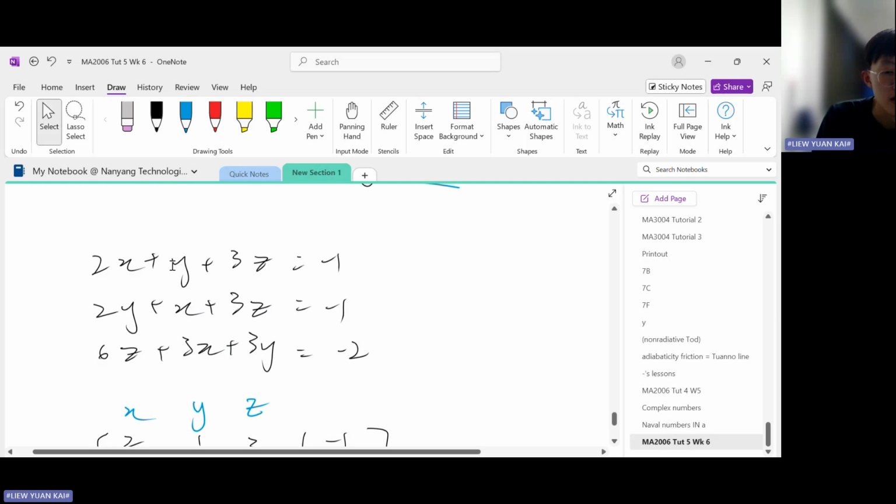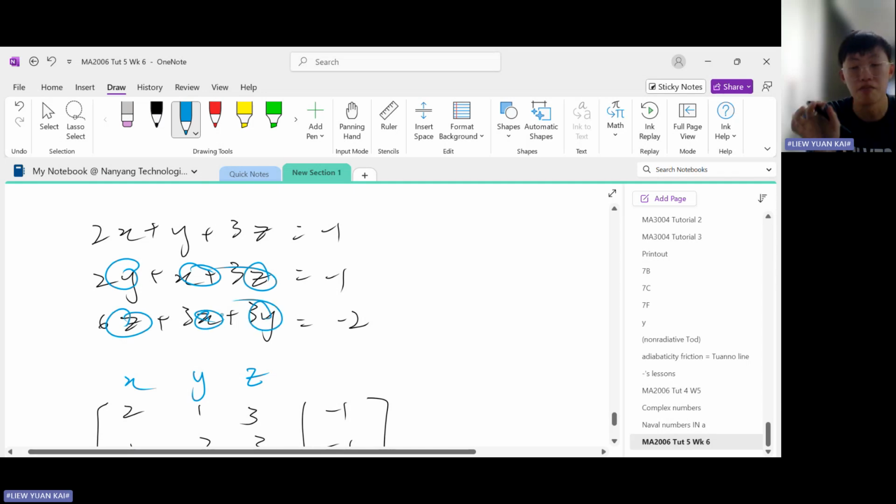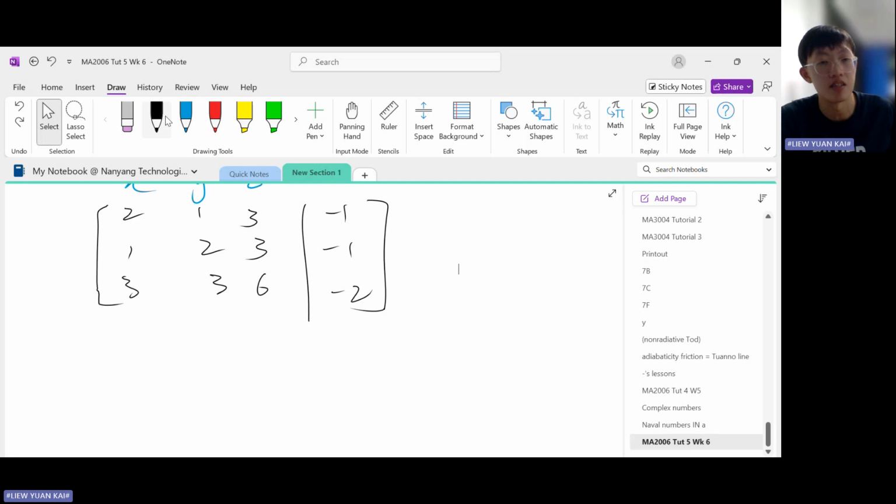So you see, they're not ordered in x, y, z. See, this is y, z, x, then this is z, x, y. So remember to put the coefficients in the correct position. Each column is the coefficients of each direction: in the x direction, in the y direction, in the z direction. So coefficients of x, coefficients of y, coefficients of z, followed by the constants. So now we can do Gauss elimination.